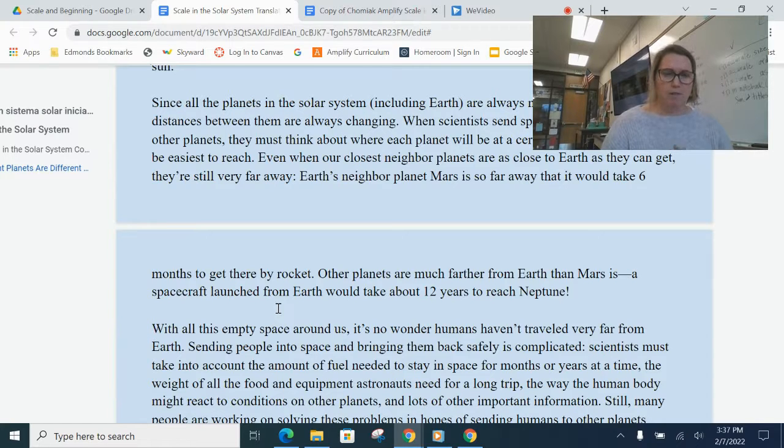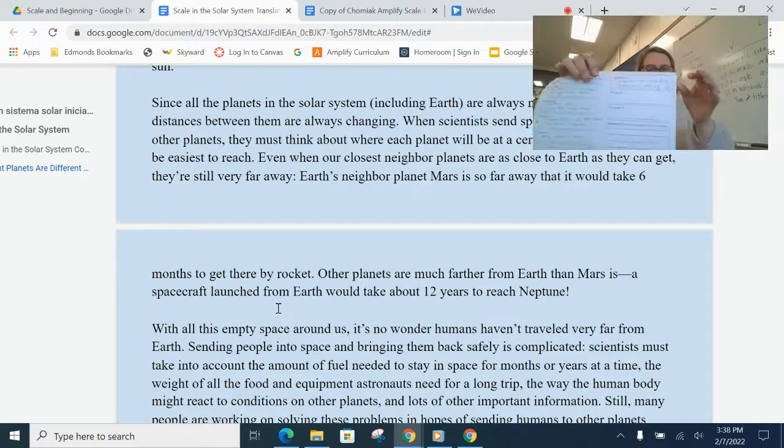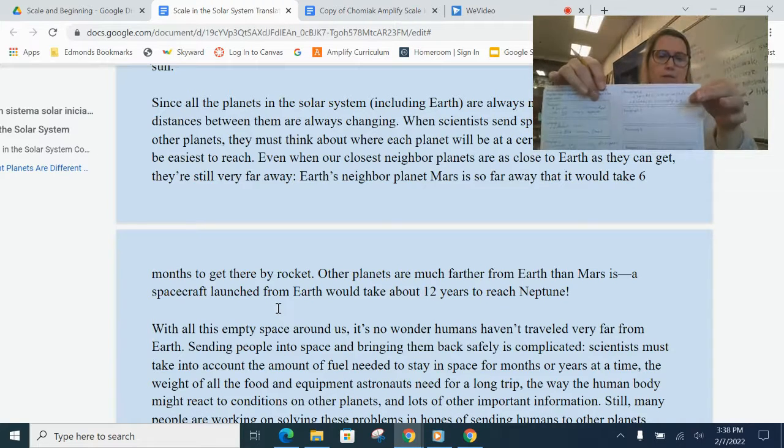A spacecraft launching from Earth would take about 12 years to reach Neptune. So the distances are always changing, and I would say that the distances are huge. Because if it can take 6 months, which is our closest, it's still a long time to travel. Are really big. And I might put in the EX, for example, that I might like remind myself I want to include a little example.